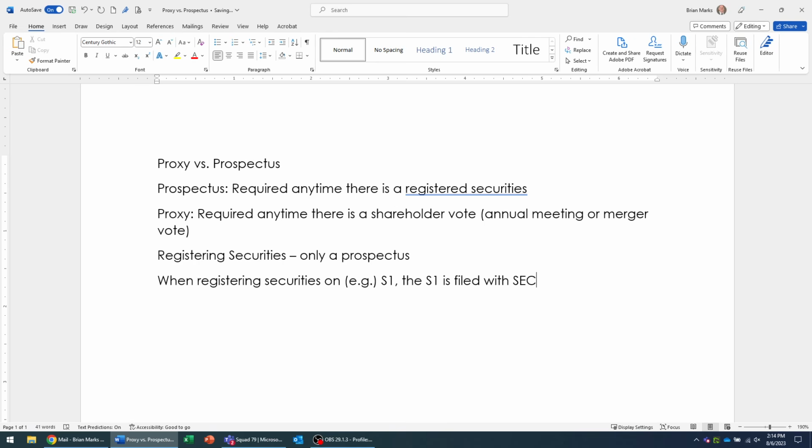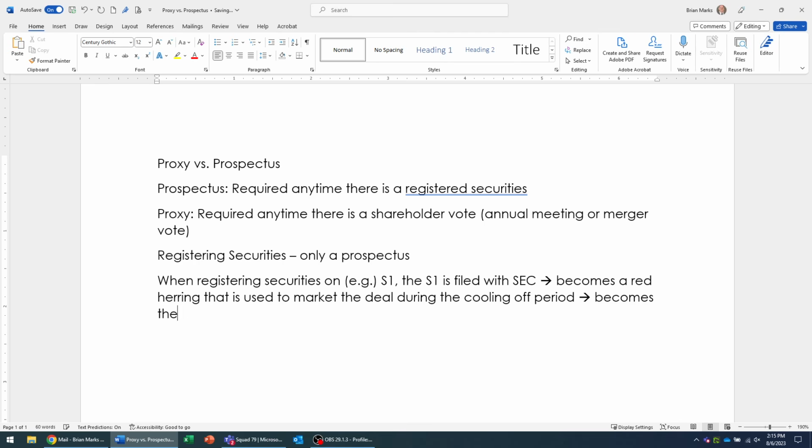And then, this is really referring to an IPO, it becomes a red herring that is used to market the deal during the cooling off period. And by the way, the two documents are the same, except for a different cover page. So the S1 is the same as the red, and then becomes the final prospectus, also known as a 424B, when the deal is effective.